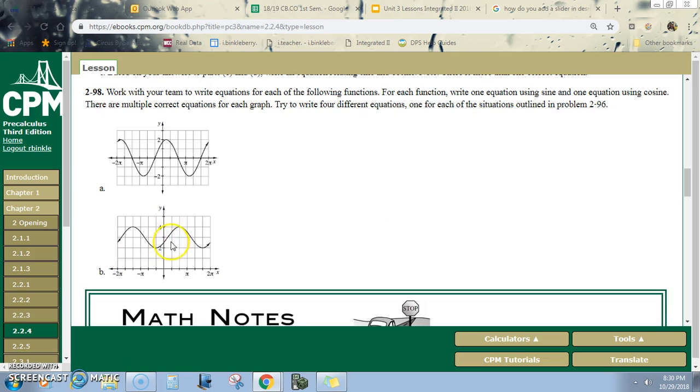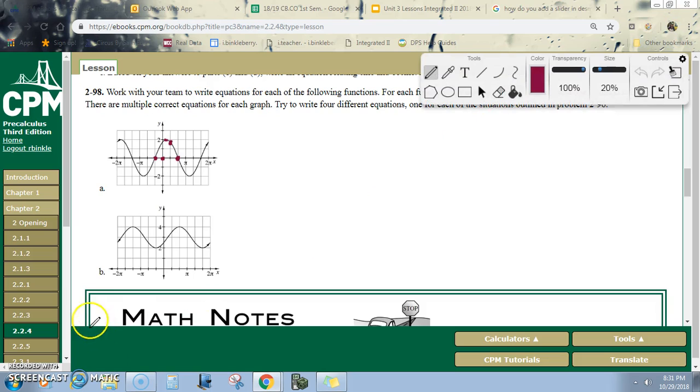So let's see what the second one is. Where is our 0? So we've taken one of our sine or cosine waves and we've shifted it from the midpoint being at 0 to the midpoint being at 3, right?